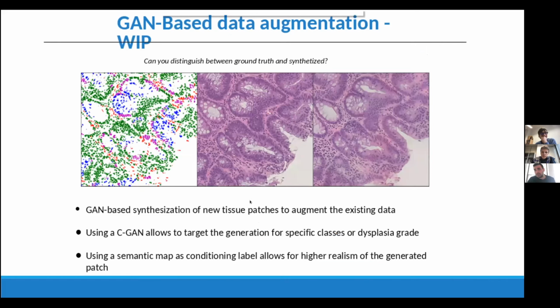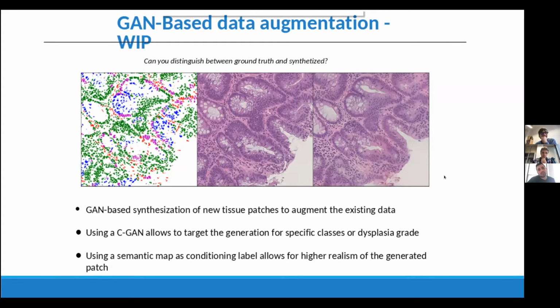We can try and tackle the data scarcity issue by thinking about some smarter augmentation technique. So the usual augmentation techniques, such as affine transformation and so on, we can maybe try and synthesize new images using a GAN-based approach.